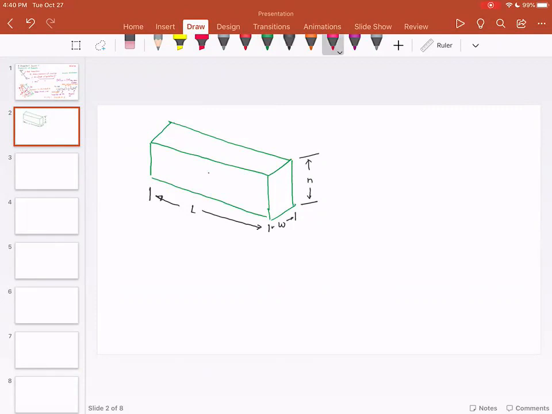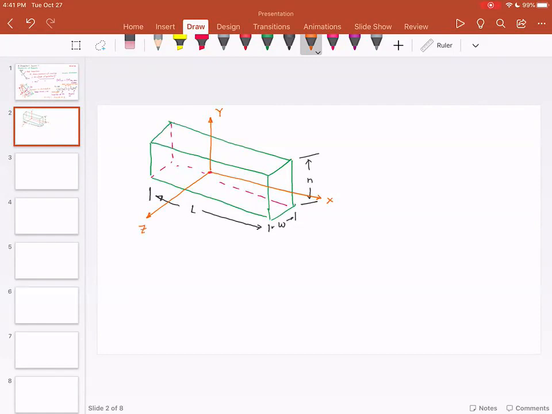The CG will be somewhere at the center, somewhere over here. Let's identify the axes. The rectangular rod is going to have axes like this: you have an x-axis, a y-axis, and a z-axis.